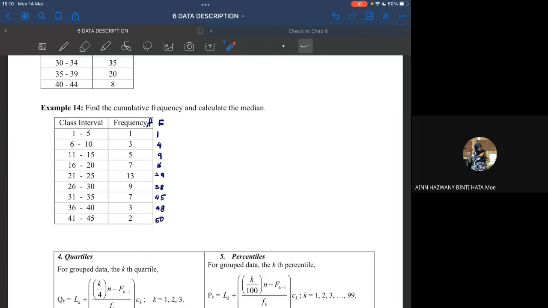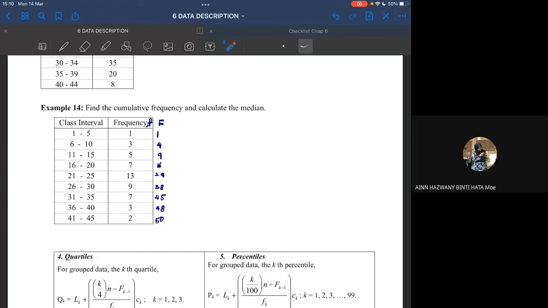Okay. Nilai dekat sini mesti kena sama dengan total frekuensi kita. Okay, so that is how we find the cumulative frequency.